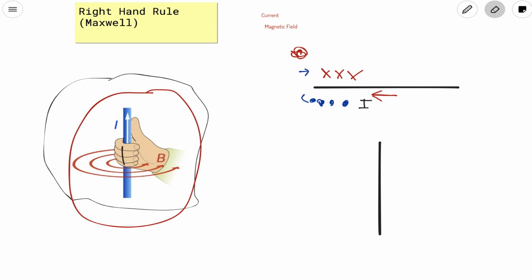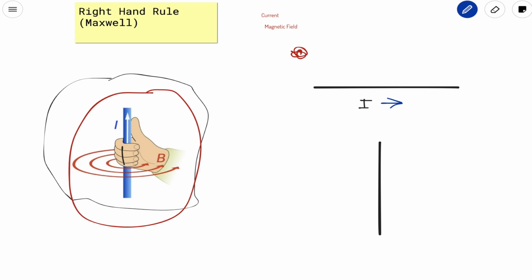Now let's try a different direction. So let's say the current's moving that way. So let's do the same. If current's going to the left, you're gonna want your palm looking down, and if it's going to the right, you're gonna have your palm looking up.